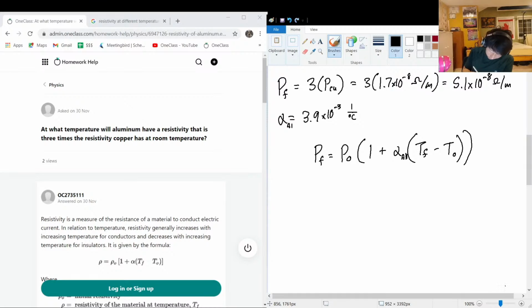Okay, so to isolate TF, we're first going to need to divide both sides by P naught.